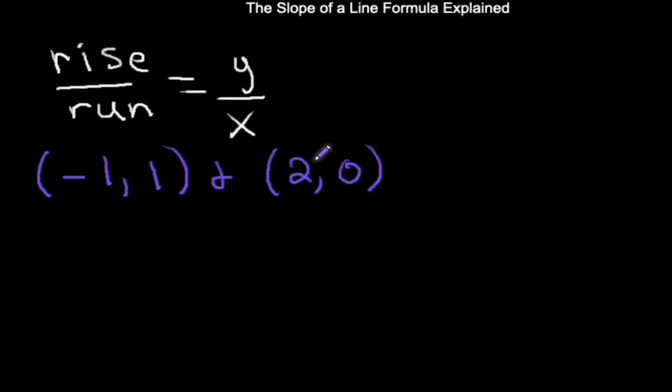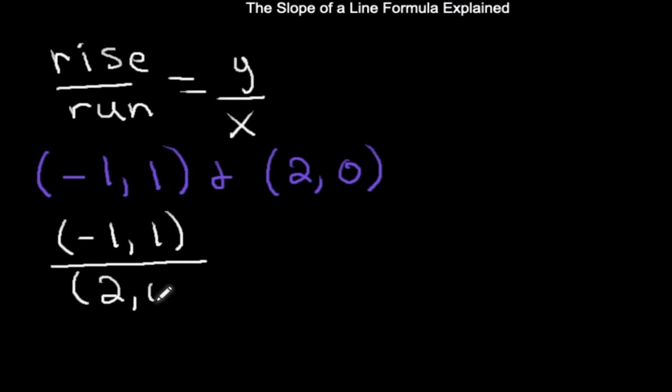Okay, so how you're going to do this is stack these points on top of each other, and it doesn't matter in which order you do that. All right, and we're going to subtract them. So it looks like this. So we have (-1, 1) over (2, 0). And we're going to subtract.